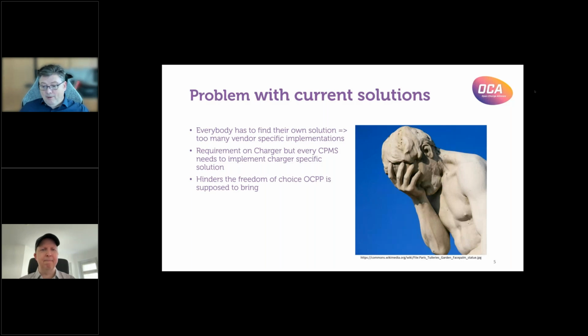And implementing charger specifics, that's exactly the opposite of what we intended OCPP to be. It's intended to have a freedom of choice in hardware. So that was basically the driving force behind our effort to try to come up with a standardized way instead of everybody for himself.